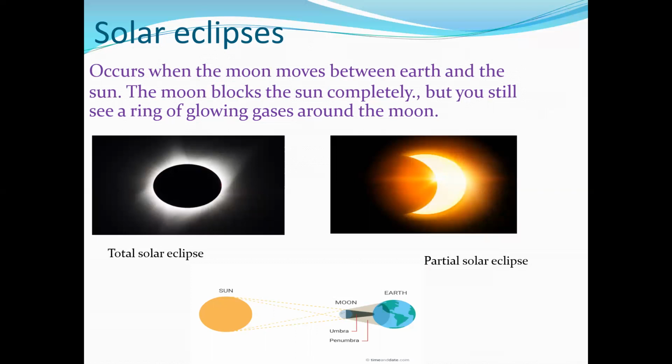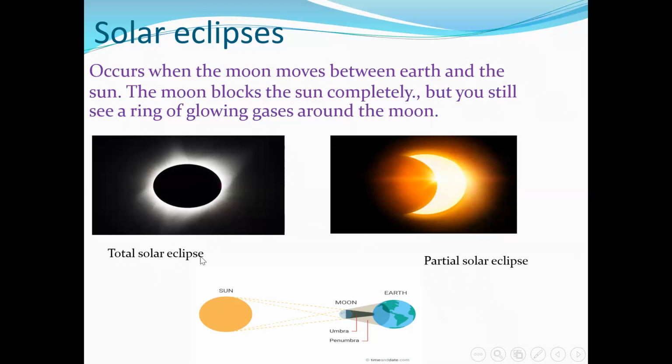Okay, so we go for the sun. This is the moon between sun and Earth, with sunlight going like that. People in this area, which is called the umbra, face a dark or total solar eclipse, and people in this area, which is called the penumbra, will still see the ring of glowing gas around the moon, so they will have a partial solar eclipse.